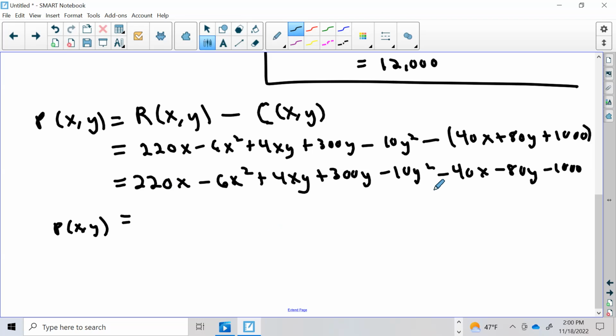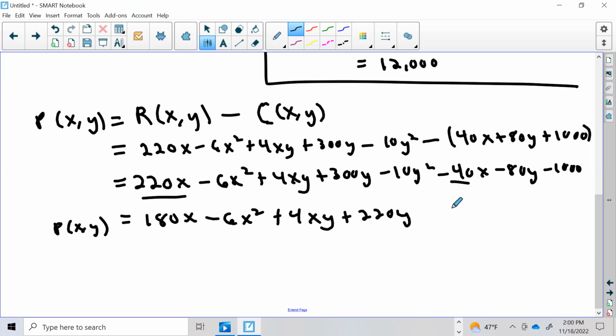So I have a 220x minus 40x, so I have a 180x. I only have one x squared term, one xy term, and then I have a 300 minus 80. Okay, so I get 220y, and then minus 10y squared, and then minus 1,000.